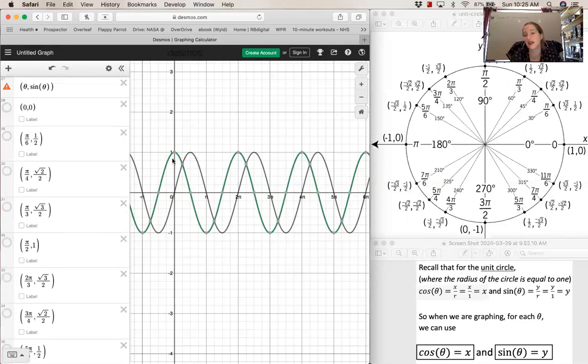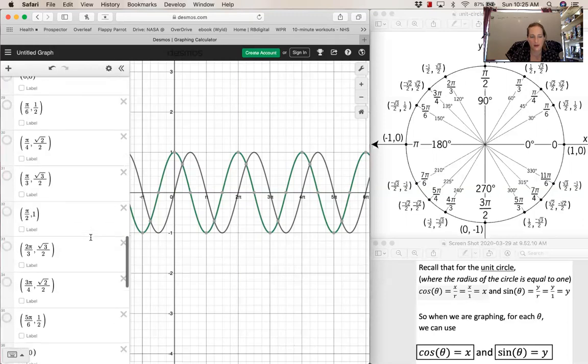And that actually makes a lot of sense when we remember that these two are co-functions. So remember we saw that co-function relationship where they differ by 90 degrees, or by pi over 2. So if you could imagine picking up this green function, our cosine function, and moving it pi over 2 units to the right, it would actually be sitting right on that black sine function there.